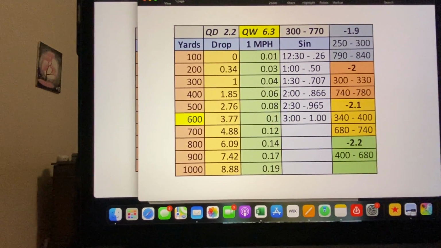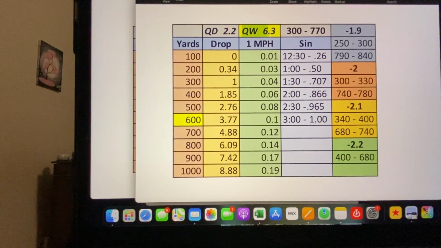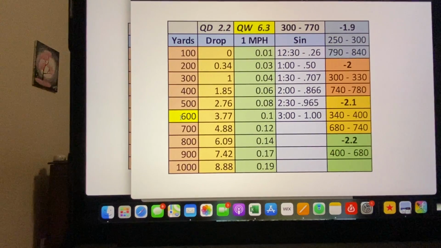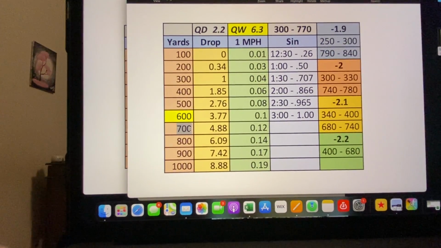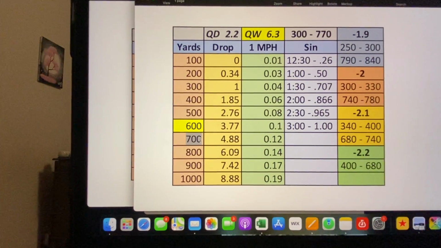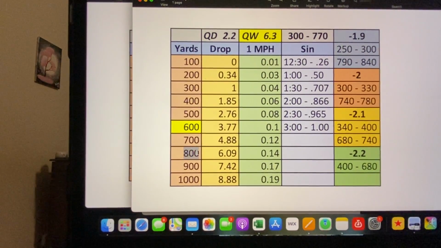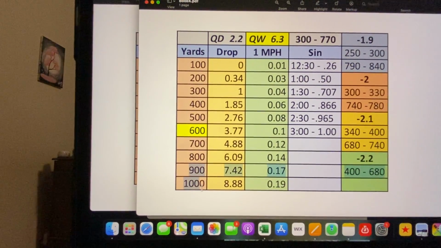These are specifically highlighted at 600 yards in our quick wind with yellow, because that works all the way out until 600 yards. At 700 yards, we do have to add 0.1 because it's off just a little bit. I think at 700 and 800, we have to add an additional 0.1 mil. At 900 and 1,000, we add 0.2.